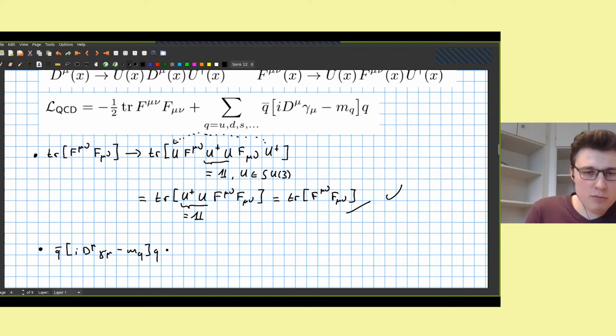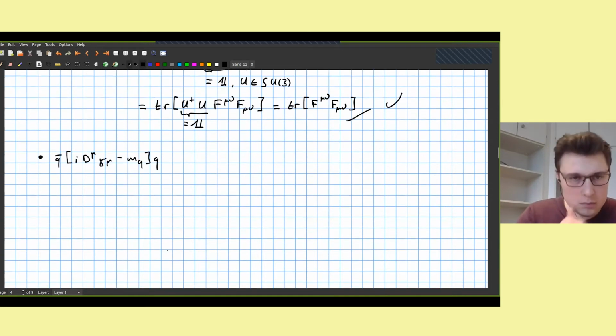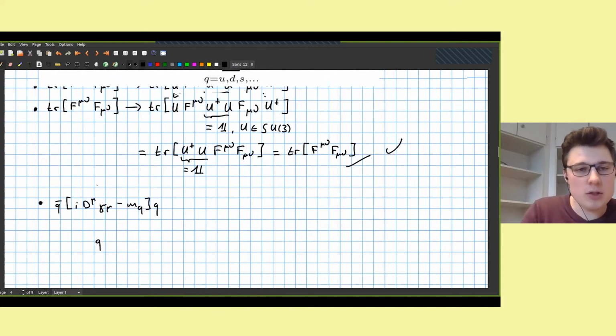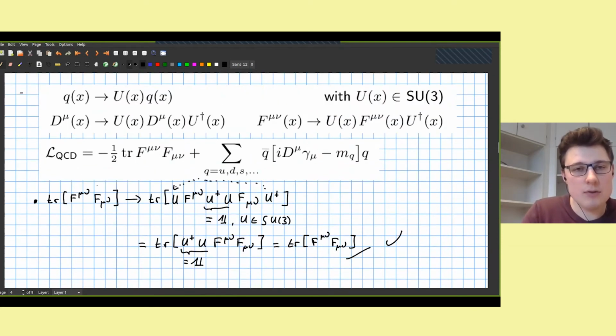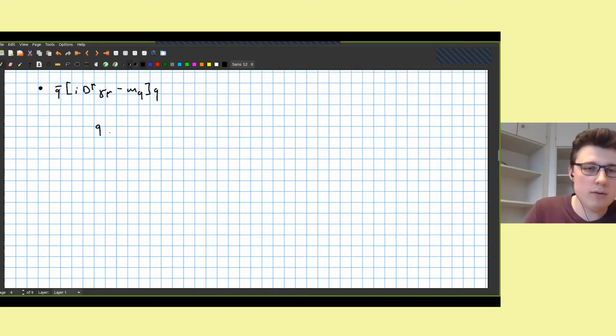Okay, but before we talk about that, let me show you one thing first. So what was actually not given here is the transformation behavior of Q bar. Okay, so let's have a look at this first, because obviously we need it right now.